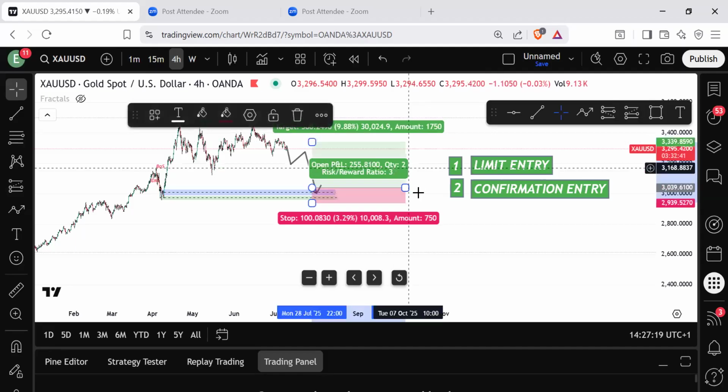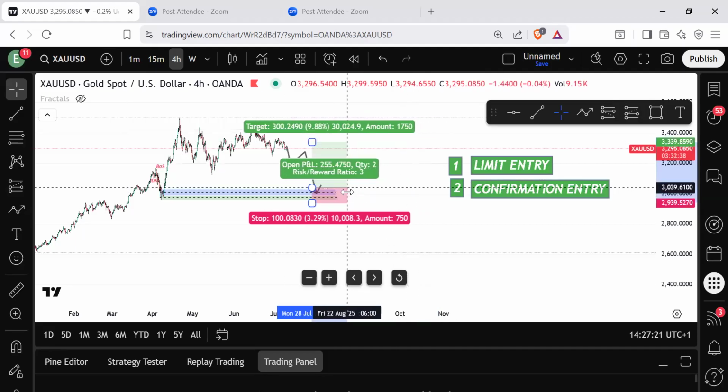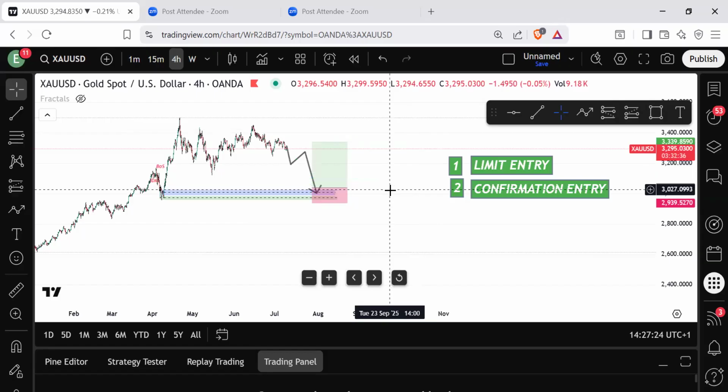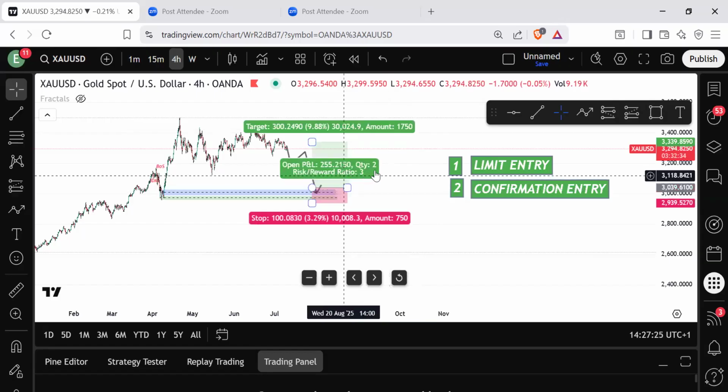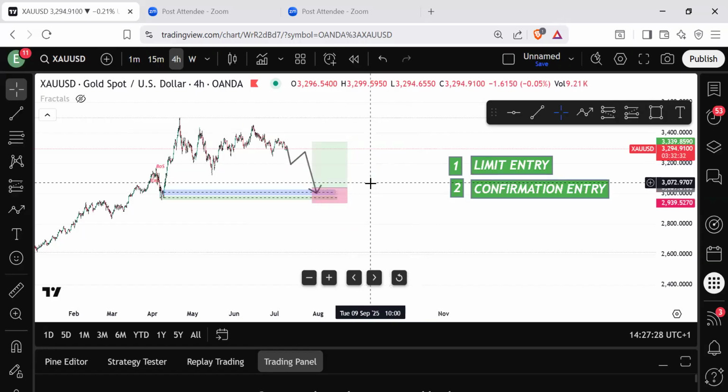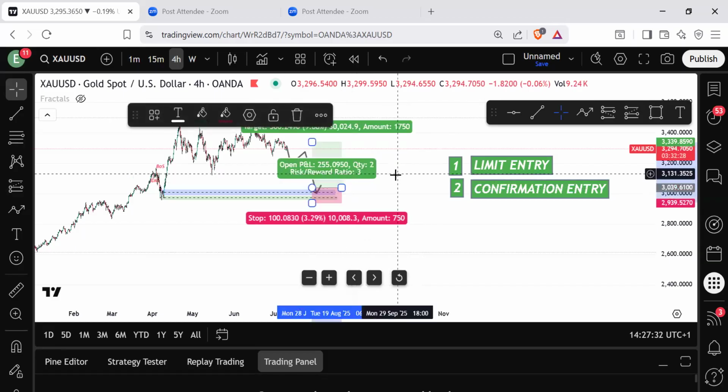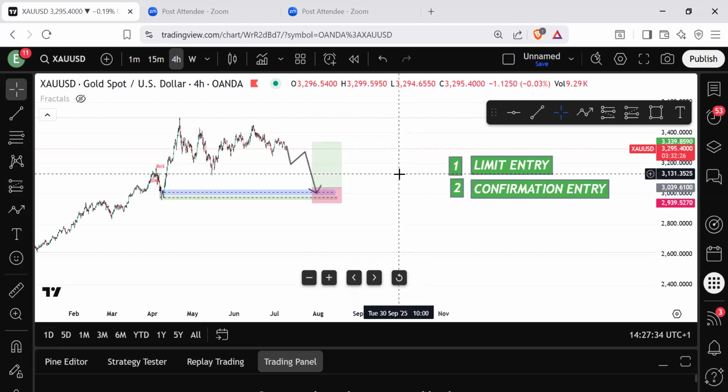So more accuracy will be in the higher time frame. Correct, no? Yeah, the higher the time frame. So that point you just made is for something else.